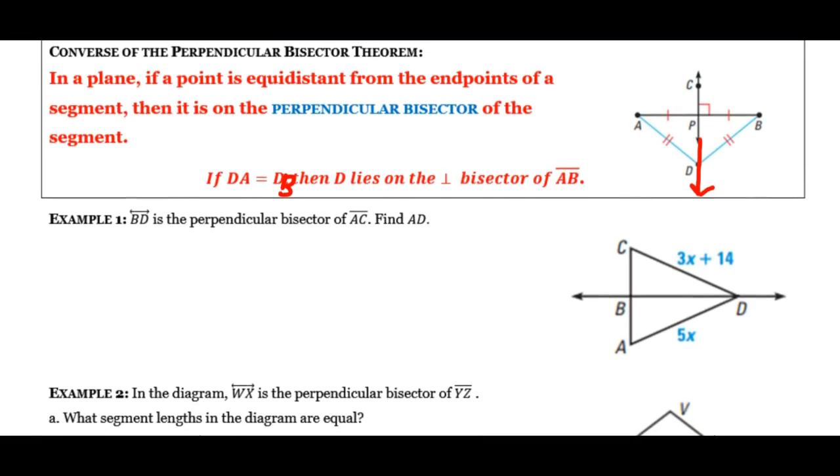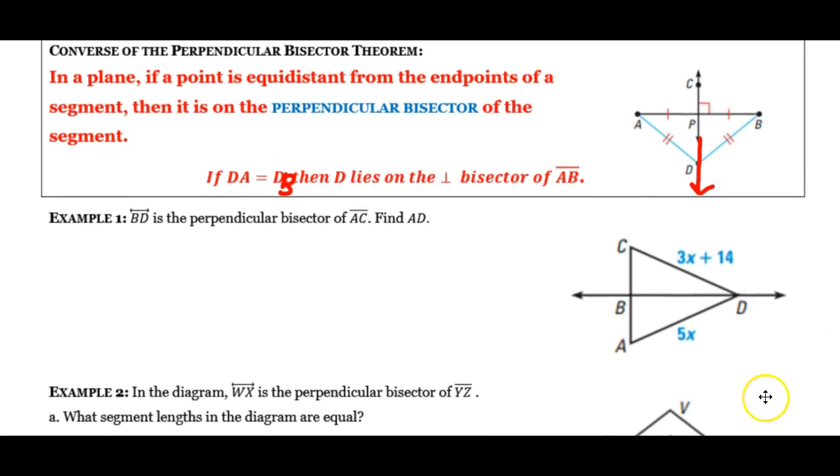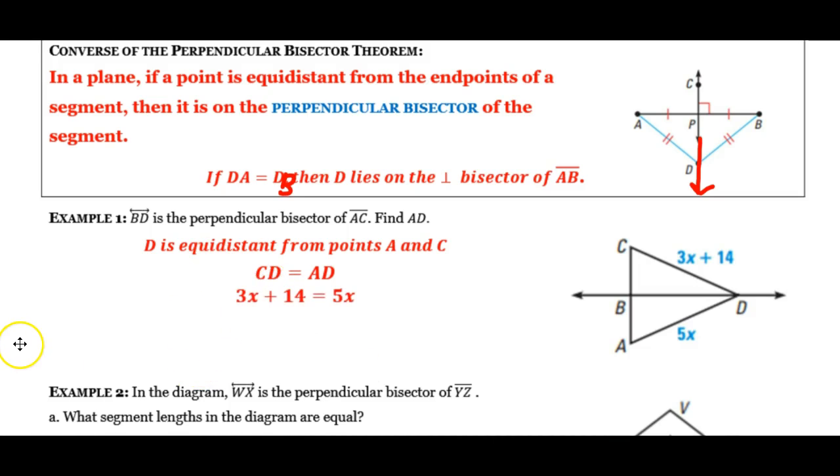All right, so let's look at an example. I know that BD is my perpendicular bisector of AC, and I want to find the length AD. So I know from the perpendicular bisector theorem that D is equidistant from points A and B. So I can set up an equation using CD and AD. I know they must be equal if they're equidistant. So then 3x plus 14 equals 5x. And at that point, it is just algebra.